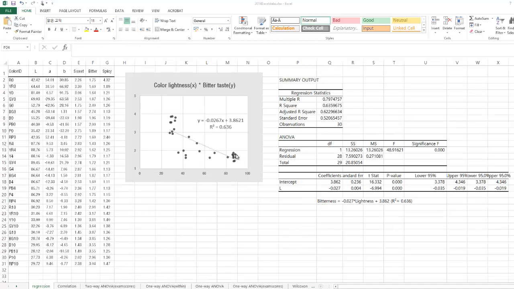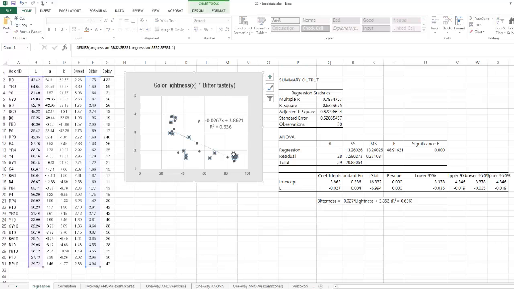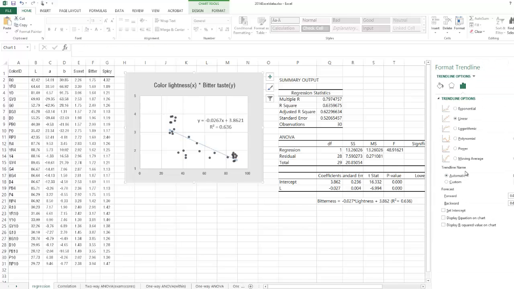In addition, because the data dispersion seems to fit this kind of curved line, let's try out different trend lines. Exponential. We can compare the R square value whenever we click a different trend line shape.